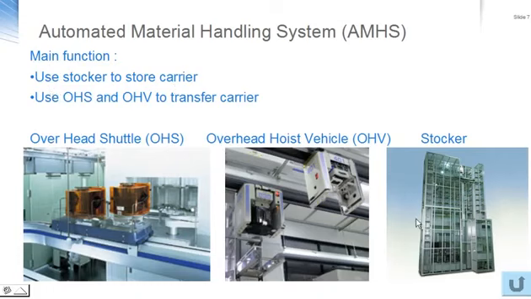You can stock your carrier in here, and then use OHS and OHV to transfer carriers. This is OHS, overhead shuttle, and this is OHV, overhead hoist vehicle. Here is a hoist mechanism, and it carries a foup. In the OHV, you can see there is a foup.